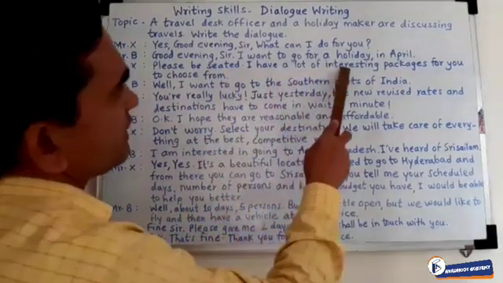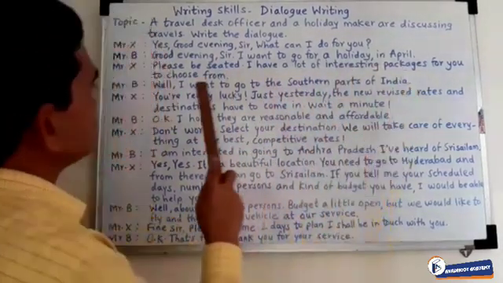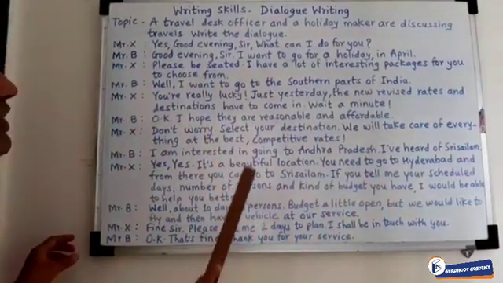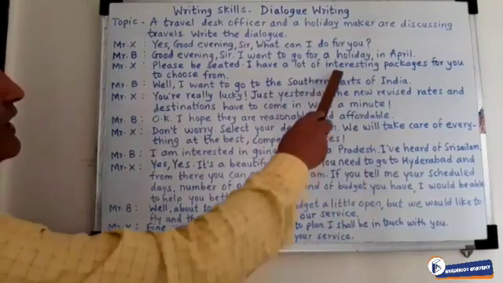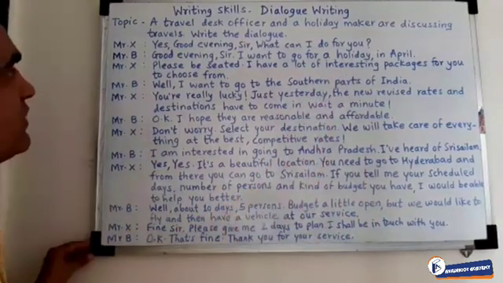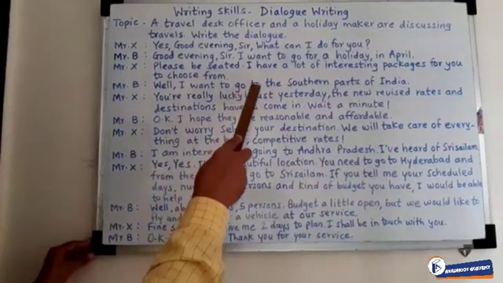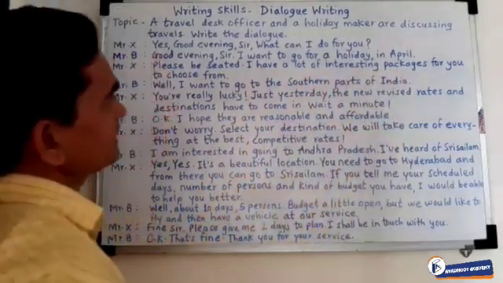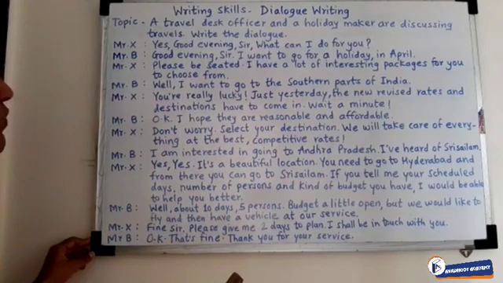I have a lot of interesting packages for you to choose from." These are very interesting packages and you will definitely like them. Please be seated means have a seat.